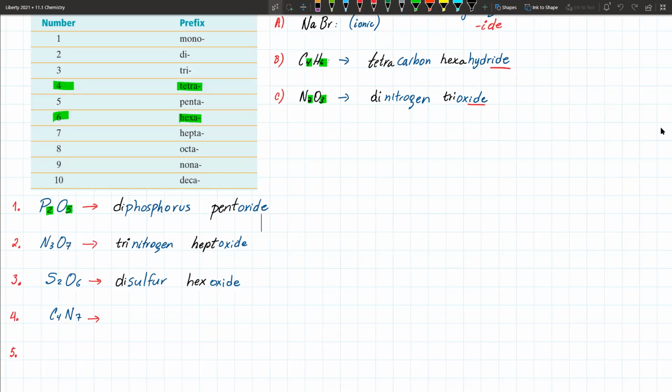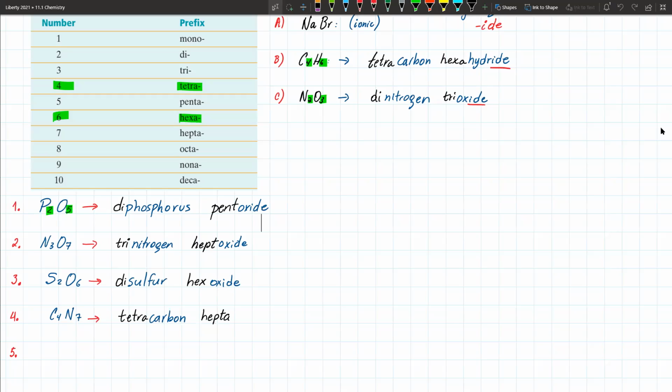Tetracarbon, hepta, nitrate, I don't know if it is correct. Nitrate or nitrogen.